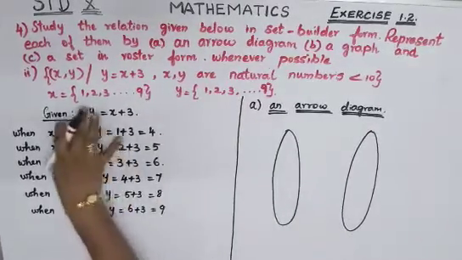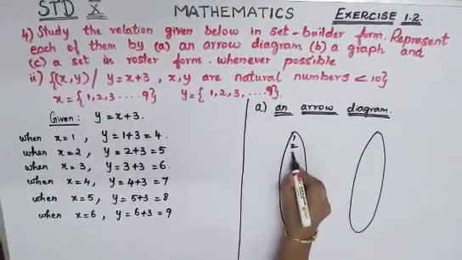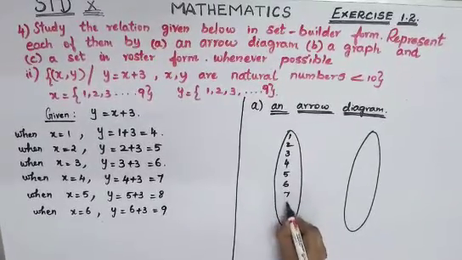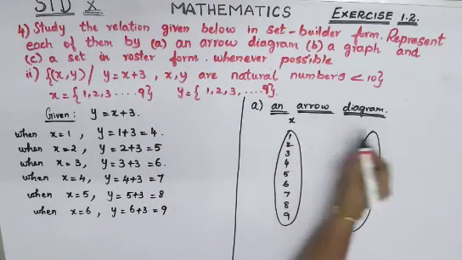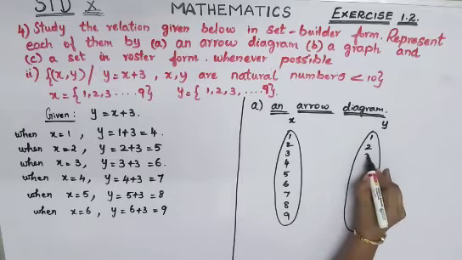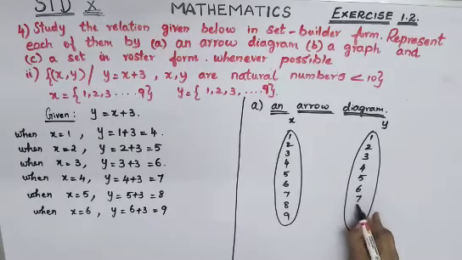So write your elements in your x first: 1, 2, 3, 4, 5, 6, 7, 8, 9. Same way your elements in your y. We just mark this as x and this is y. So 1, 2, 3, 4, 5, 6, 7, 8, 9.